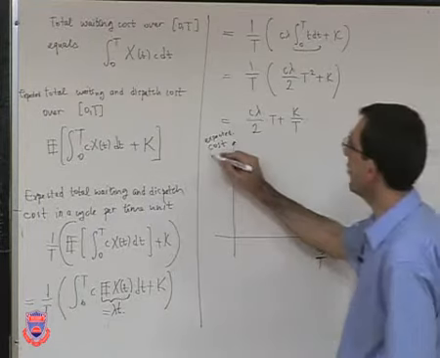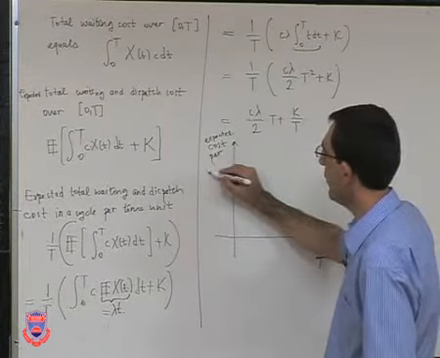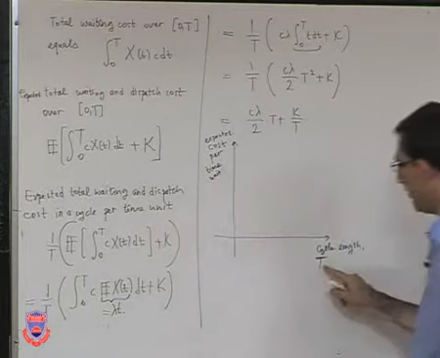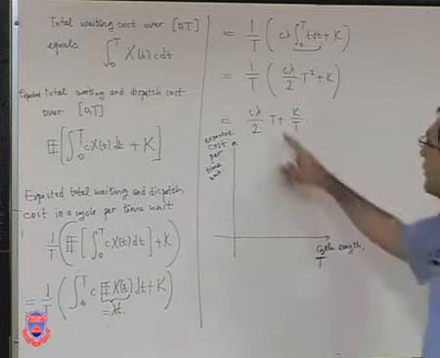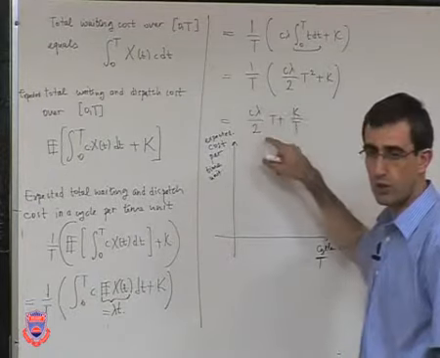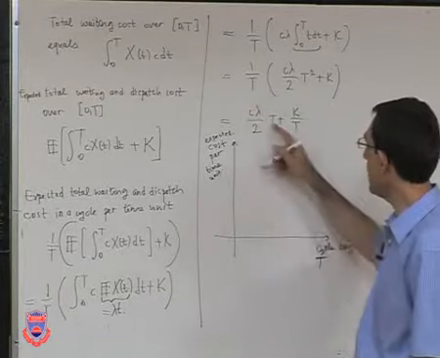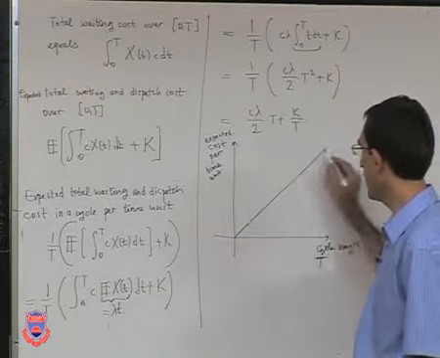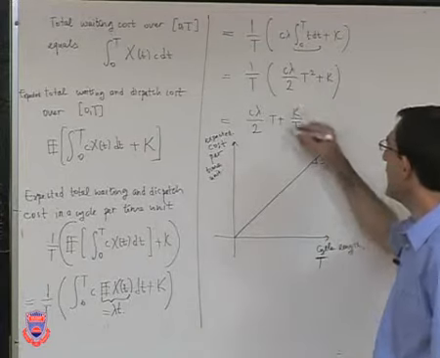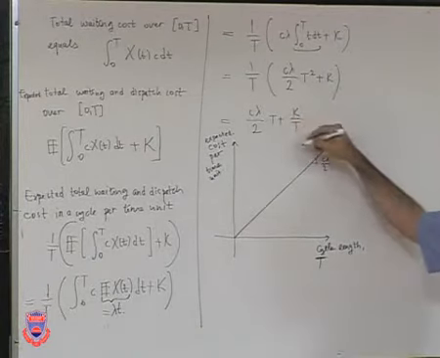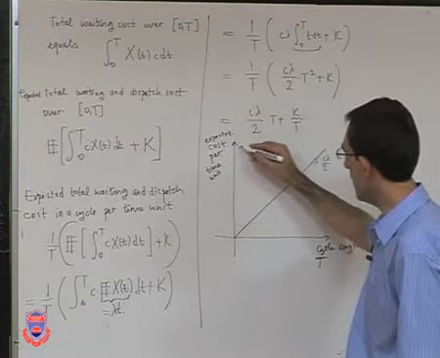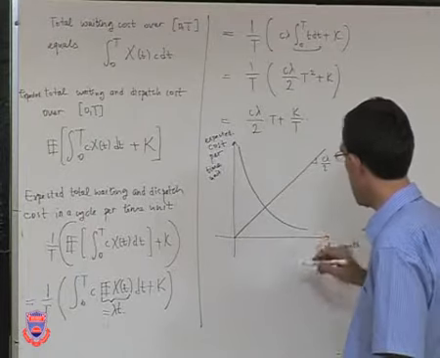Expected cost per time unit, in fact, because we divide it by this cycle length. So the first part is the expected waiting cost per time unit. And it is linear. It grows like this, with this slope c times lambda over 2. And this is the dispatch cost per time unit, which is k times 1 over capital T, and it is something like this.